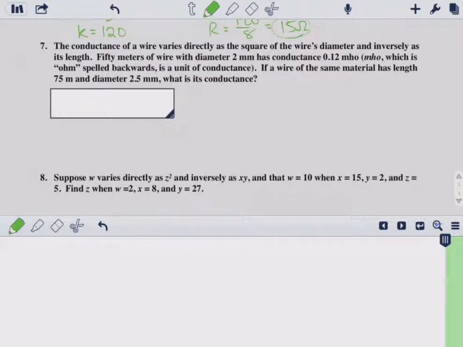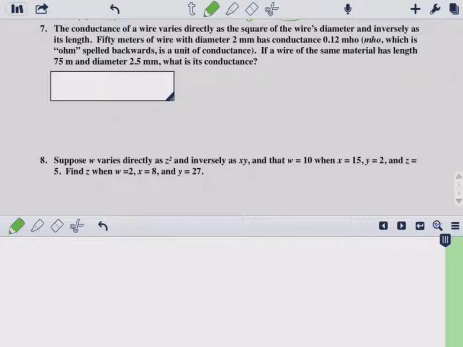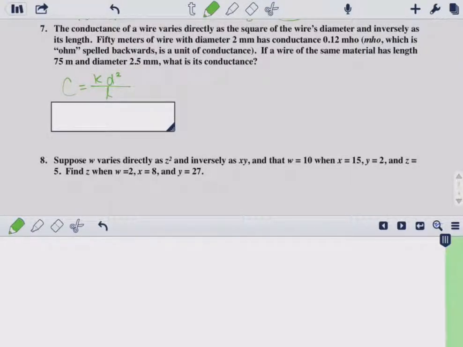The conductance of a wire varies directly as the square of the wire's diameter. So the conductance of the wire varies directly as the square of the wire's diameter, so d squared, and inversely as its length. So k times d squared divided by L, where k is our constant, remember.